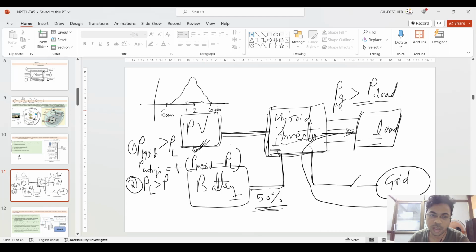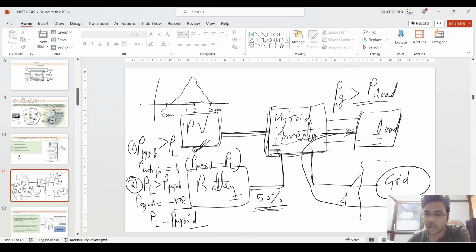The second situation is when the battery is there and your load demand is greater than P microgrid. Microgrid means P battery plus PV generation. It will take power from the grid, so P utility grid will be negative, because it is taking power. How much? P load minus P microgrid, what it is delivering. So there are multiple situations in which it will take power.